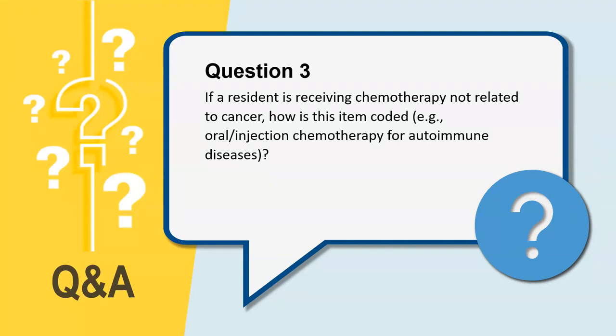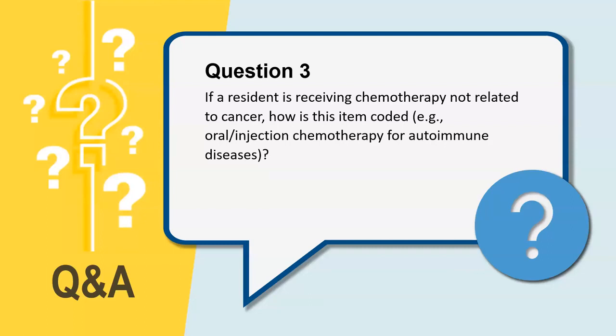So, as stated in the coding tips in the MDS RAI Manual 3.0 version 1.18.11, O0110A1 chemotherapy, you code any type of chemotherapy medication administered as an antineoplastic for cancer treatment, given by any route, in this item. Medications coded here are those actually used for cancer treatment. So each medication has to be evaluated to determine its reason before you code it here.